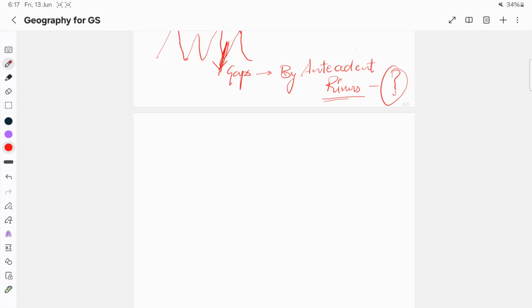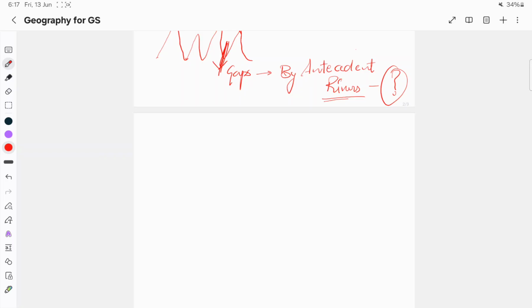They have different tributaries and distributaries as well. Tributaries and distributaries, if you know, tributaries are the small rivers from which a river is formed, or those rivers which add to the main river.